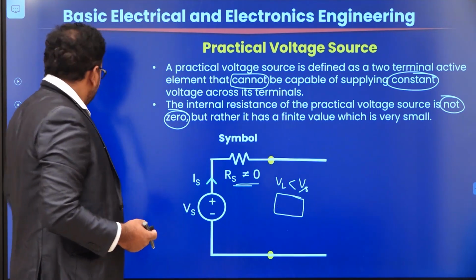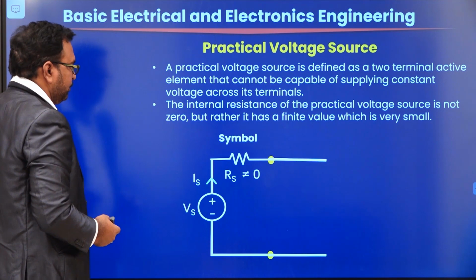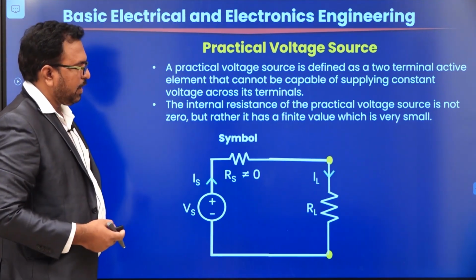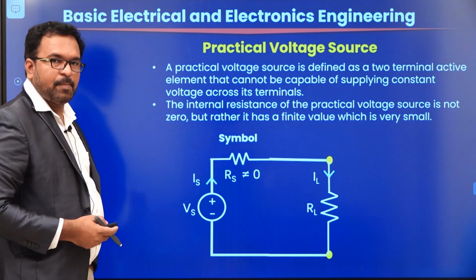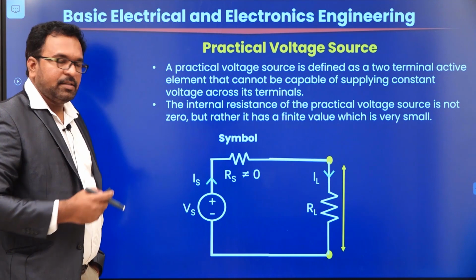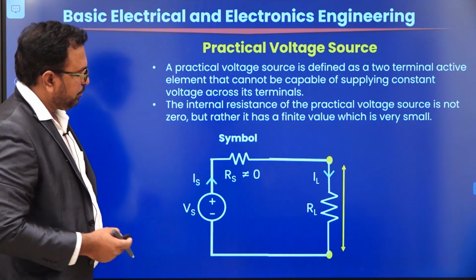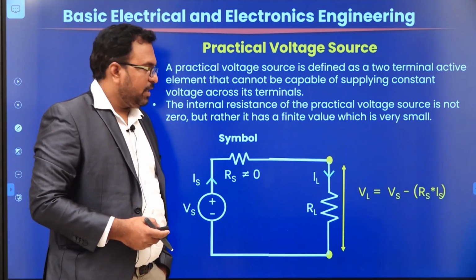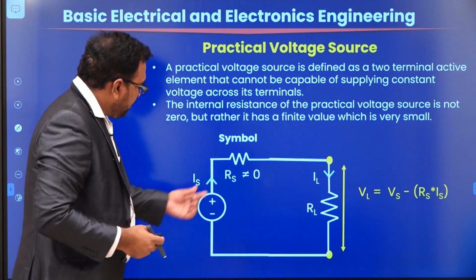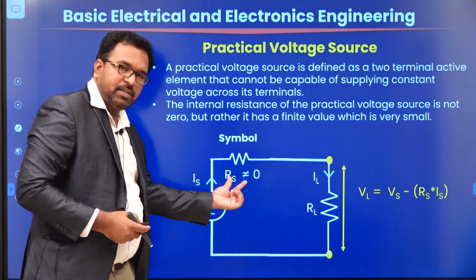Okay. Suppose, for example, I have connected a resistance here across the terminals of the practical voltage source. Now what is the voltage across the load resistor? That voltage is VL equal to Vs minus Rs into Is. I already told you that some voltage is going to be dropped across this resistance.